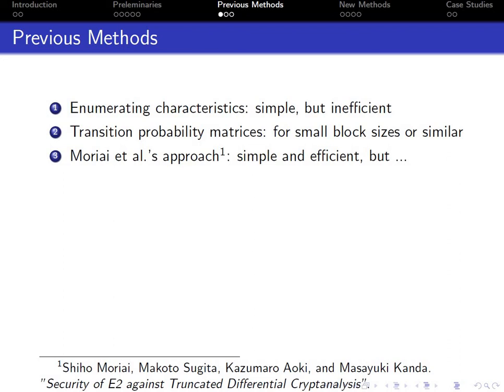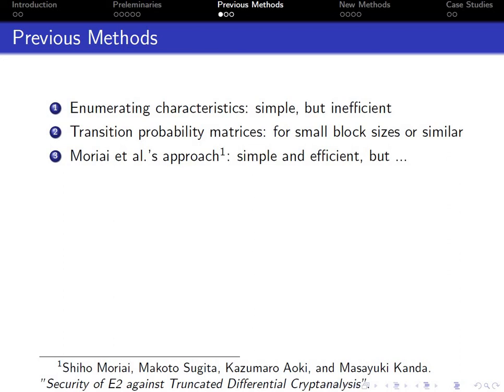Then, by multiplying the matrices for the consecutive rounds, you can reach the transition probability matrix of the whole encryption. This method only works when the block size, or number of the possible differences in each intermediate state, is small, so that you can do the matrix multiplication.